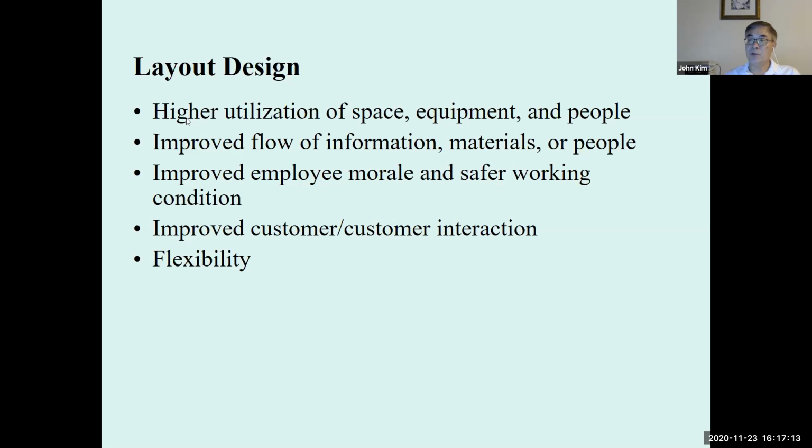A better layout improves utilization of space, equipment, and people, and also improves flow, and improves employee morale and safety. If you have had a chance to visit a manufacturing plant somewhere, they designed the layout, and in many cases they are concerned about safety.